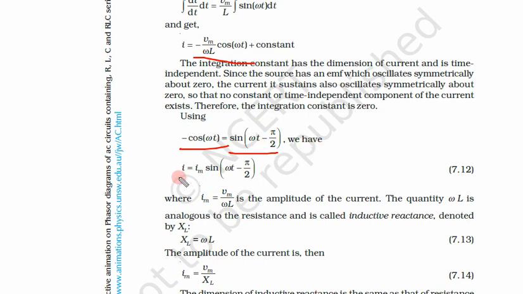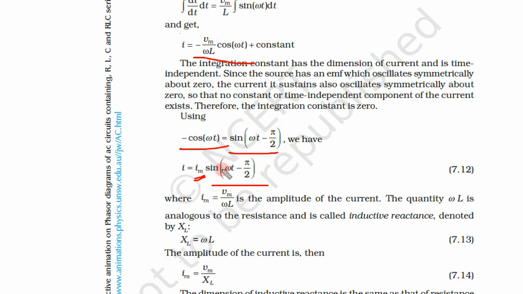So let us put this value here. Minus cos omega t can be written as sine omega t minus pi by 2. So I is equal to this term, let us write this term as Im. So I is equal to Im sine omega t minus pi by 2.